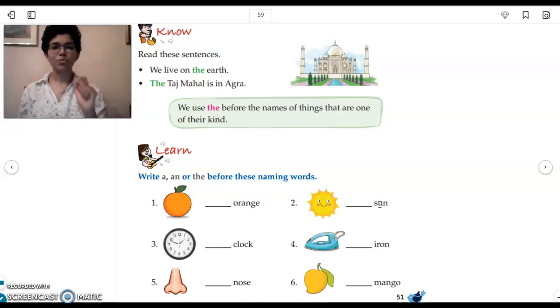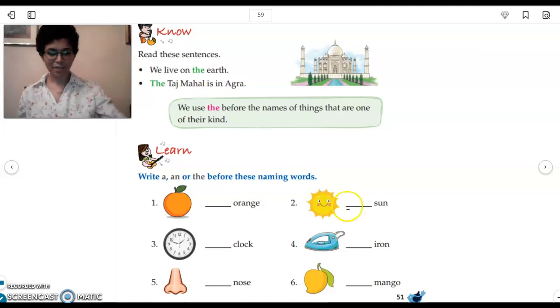Okay, so nouns or adjectives. So if there is more than one, you use the. Likewise, if it is a specific noun, if it is a specific name, also you use the particular name. So then also you use the.